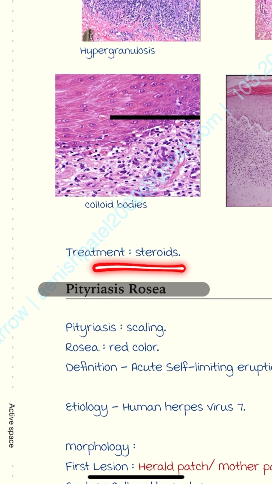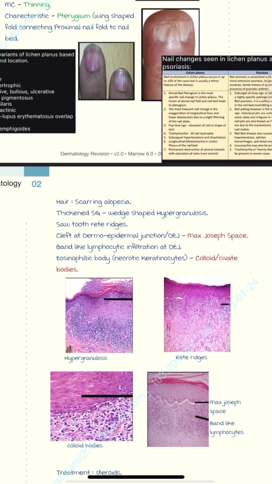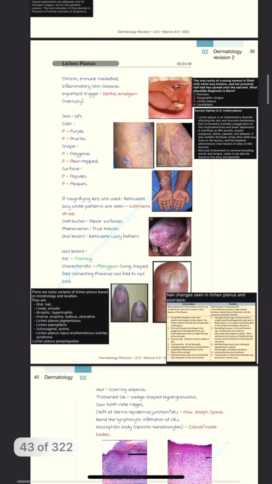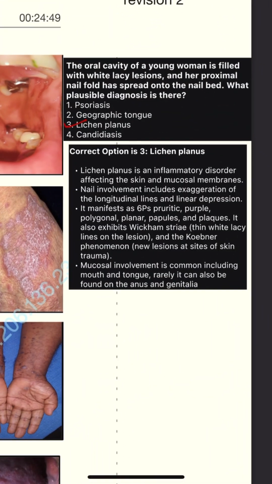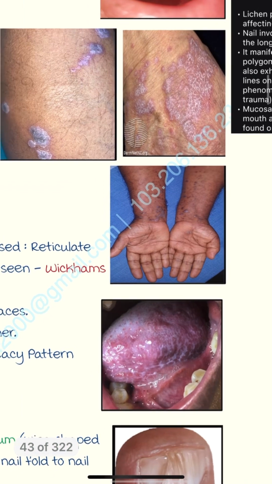Here treatment is steroids. Now let us see some previous year questions on lichen planus. The oral cavity of a young woman is filled with white lacy lesions, and her proximal nail fold has spread onto the nail bed, which is pterygium of the nail. What is the possible diagnosis? It is lichen planus.